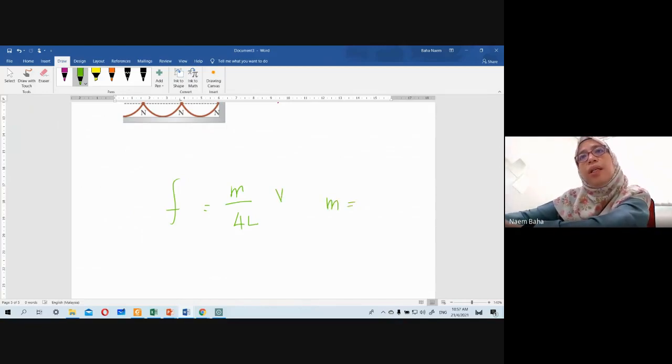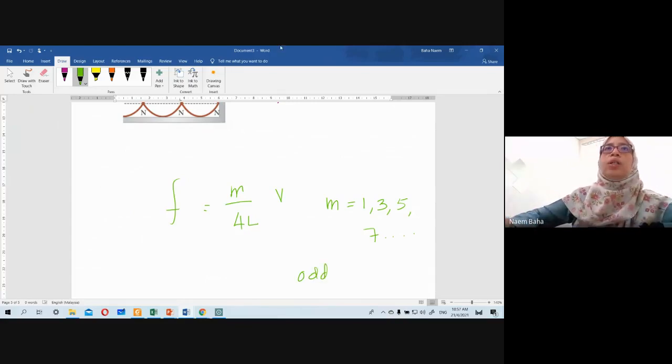However, m is 1, 3, 5, 7, 9, 11, all the odd multiples.